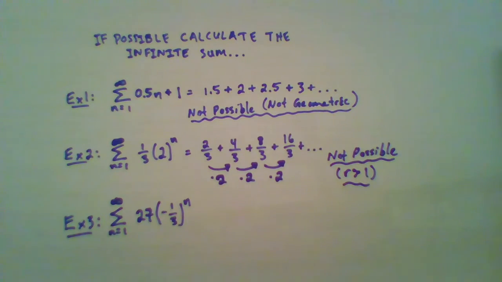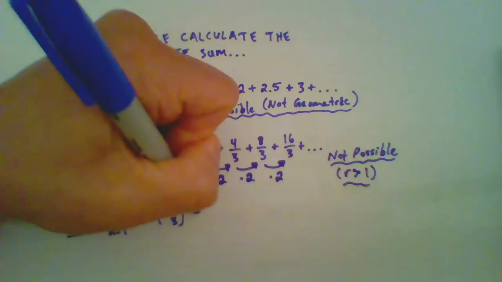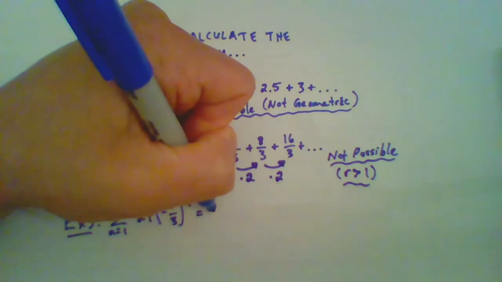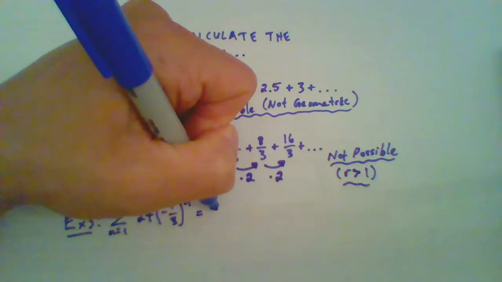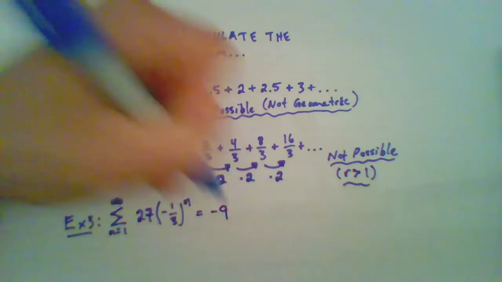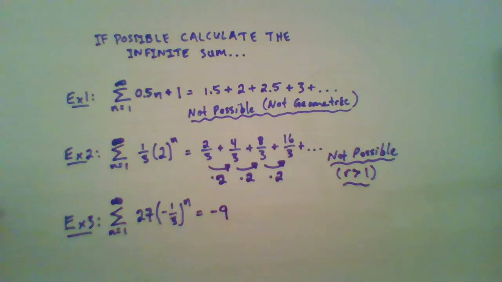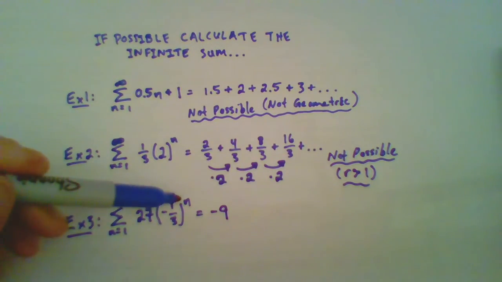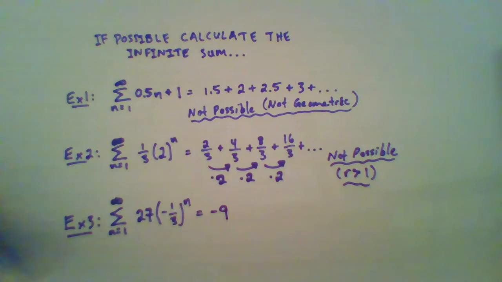Okay, hopefully this third one works. Otherwise, I just led you on a massive wild goose chase. So let's see. If n is equal to 1 in this formula, I get 27 times -1/3, which is -9. If n is equal to 2, -1/3 squared is 1/9.